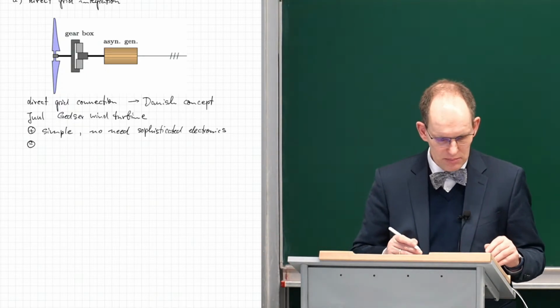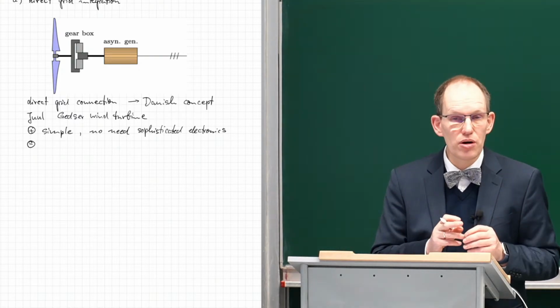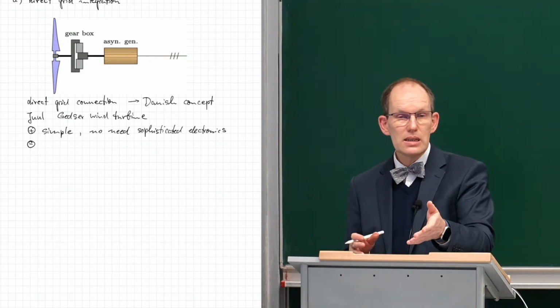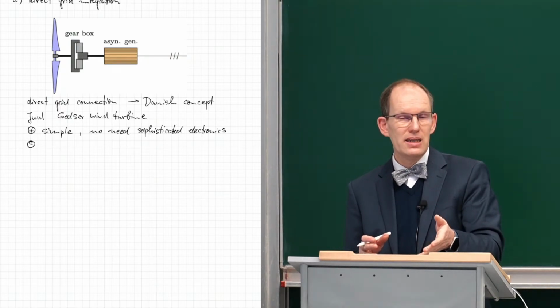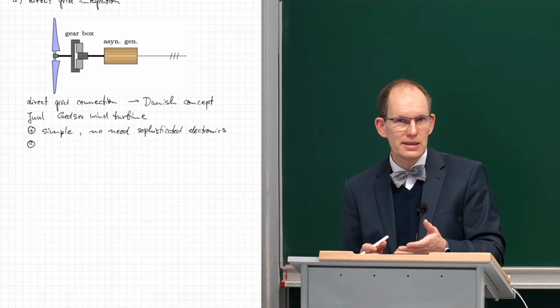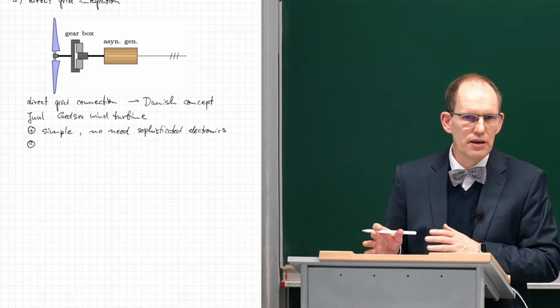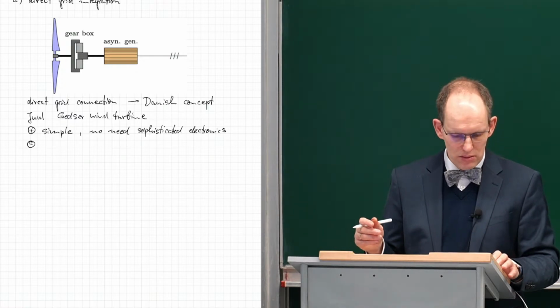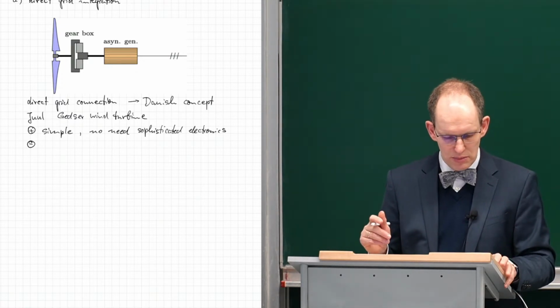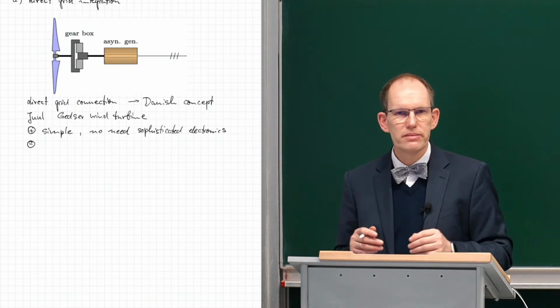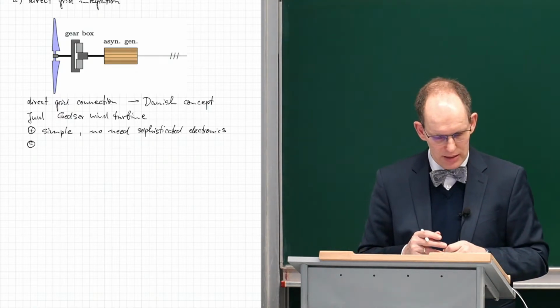And the other problem that is connected to this is that this windmill would be quite sensitive to wind gusts, which in effect will limit this design to smaller wind turbines. So less than, say, 100 kilowatts or something like that.